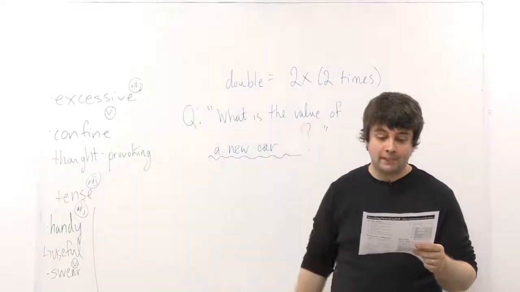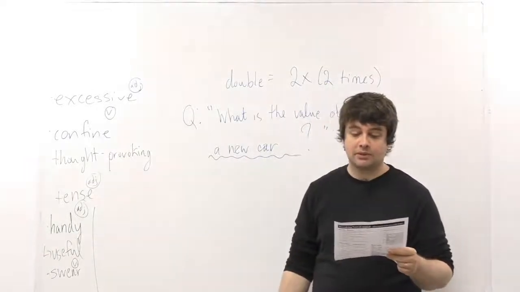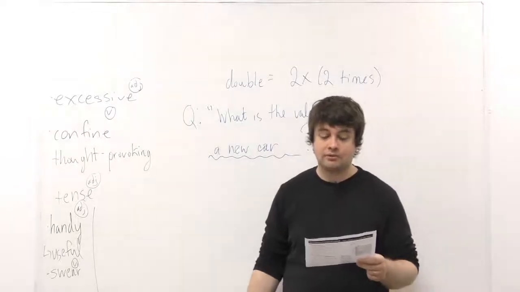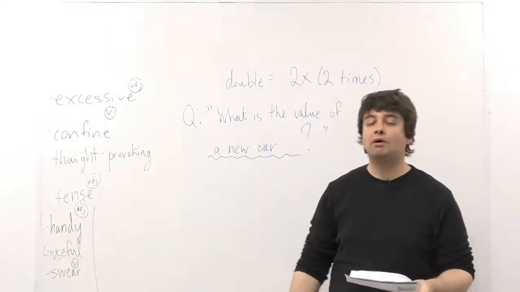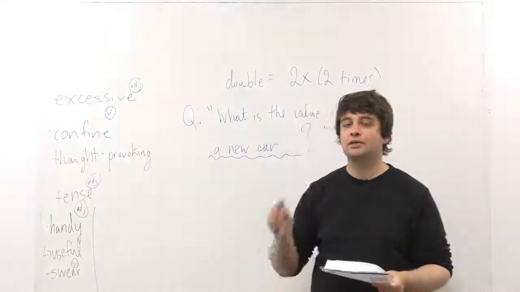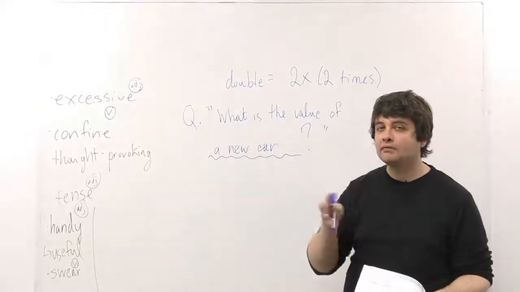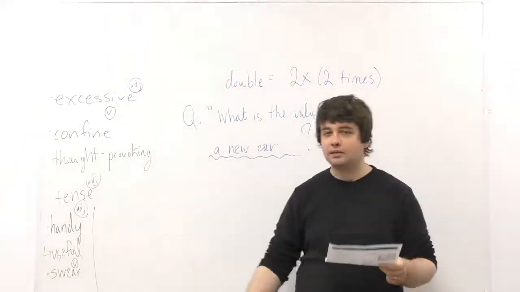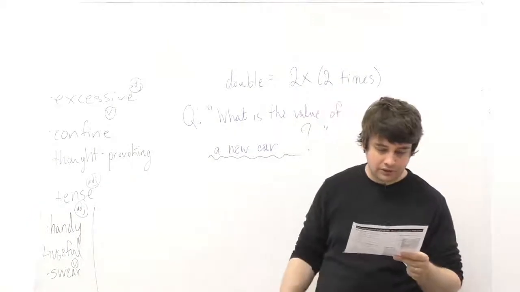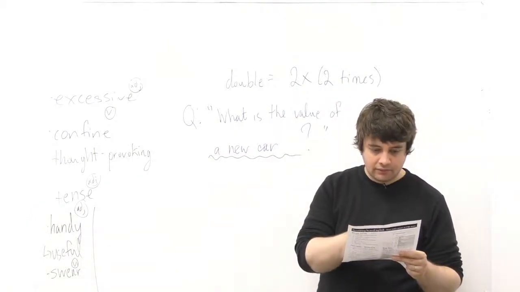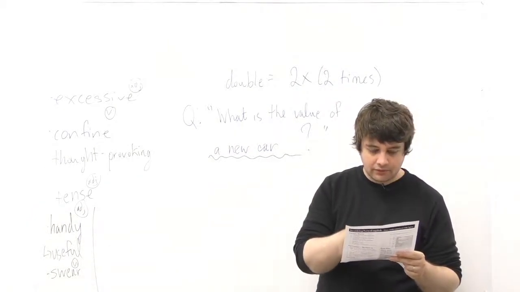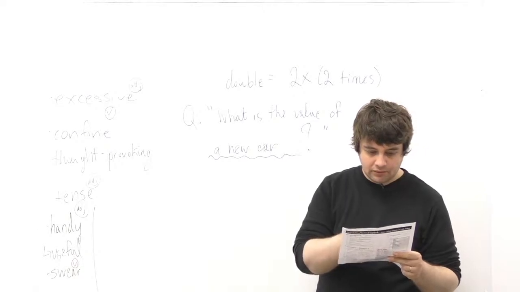We'll go with true. C, Netflix expected just a quarter of the subscribers that it got. Okay, now actually what I remember from the article is that they expected about half of the new subscribers, but let's just double check here to make sure. More than double the number of new subscribers it thought it would get this year. Shows provide service.